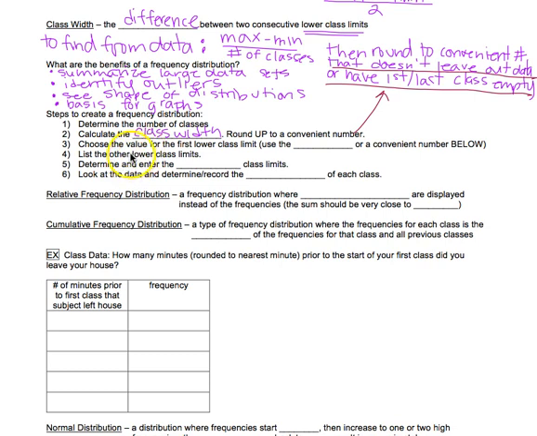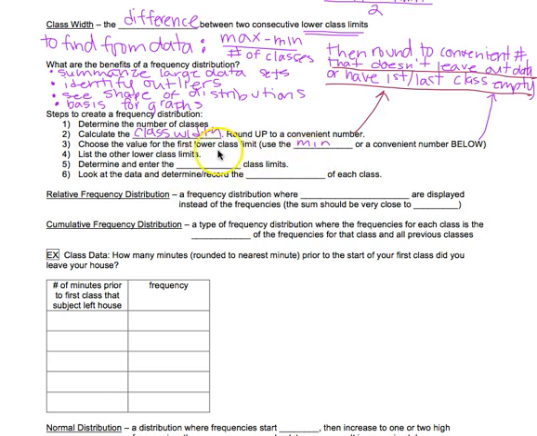Then once we've figured out the class width, you're going to choose the value for the first lower class limit. I would suggest using either the minimum or a convenient number below. Again, keeping this in mind, that whatever you decide, we can't always start at 0. It'd be nice if we could, but if we always start at 0, we can't always follow the guidelines.